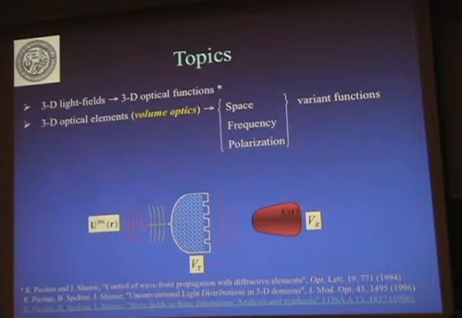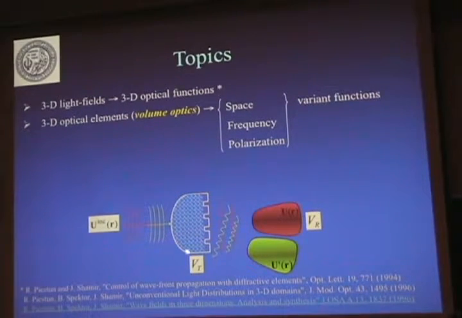Okay, let me go through this just a bit. This is related to the generation of light fields inside a volume, and we've published some papers on this in the past. Essentially, I believe this is the first paper that generated arbitrary, or as arbitrary as possible, functions inside the volume.